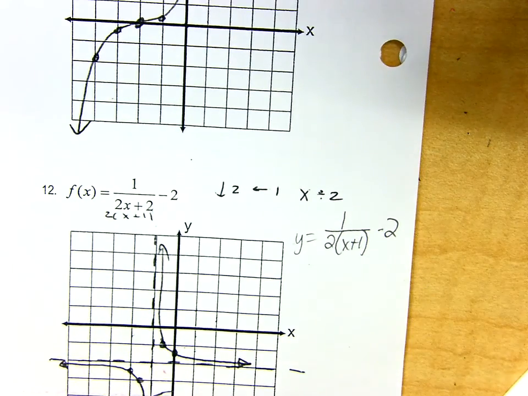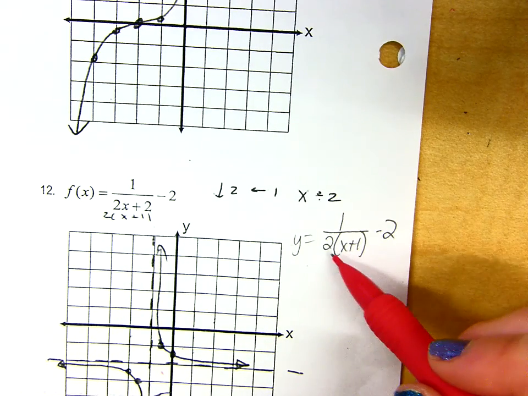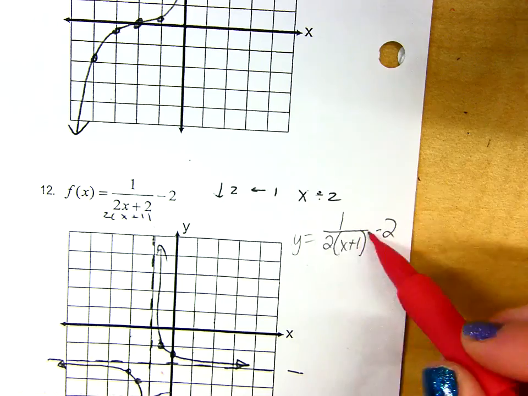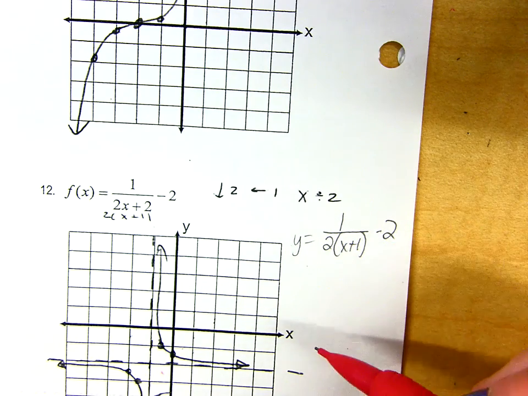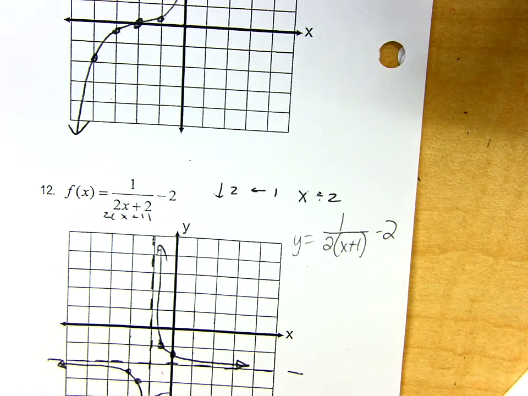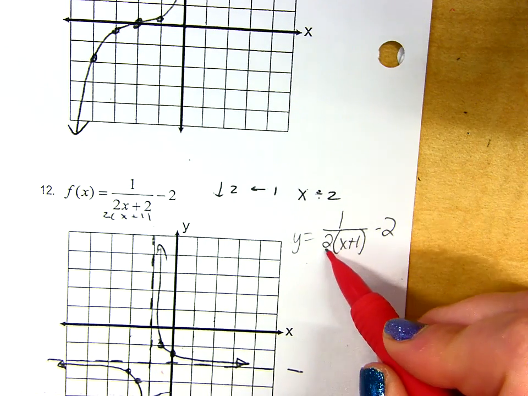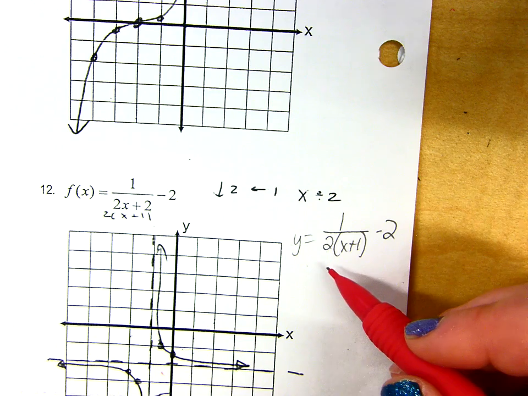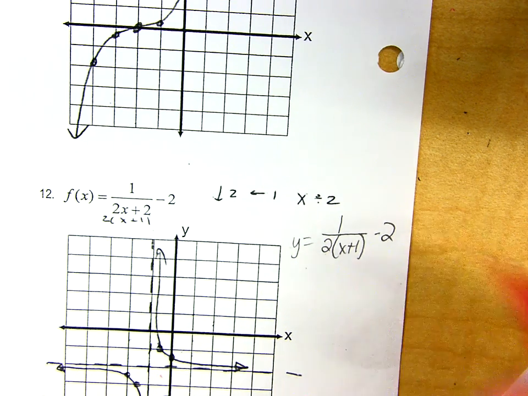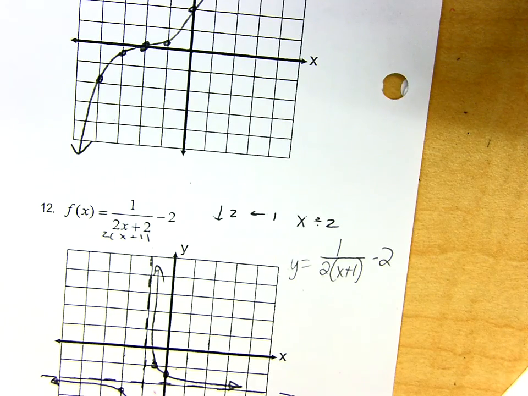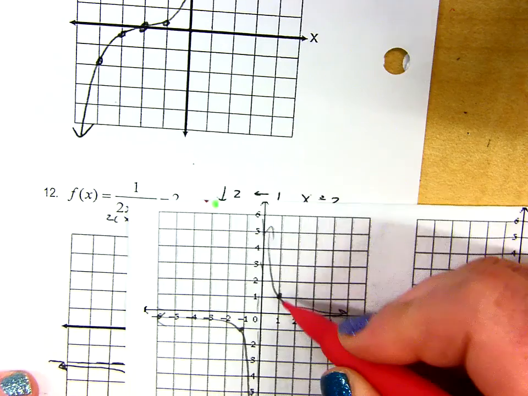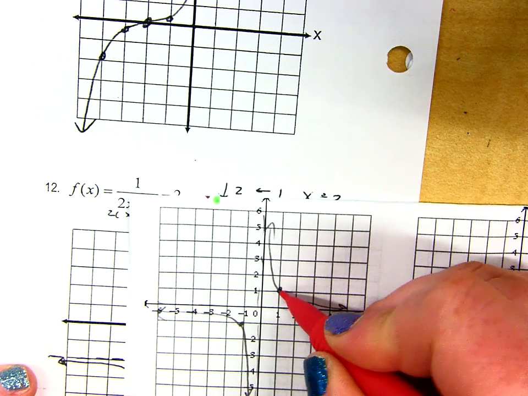Okay, so let's see, what's going to happen? That 2 is down there with the x, right? The parent function is 1 over x. So everything in my denominator is going to apply to the x's. So if I have 2 times x, what am I really doing? Dividing what by 2? The x values by 2. So all of my x values now get divided by 2. Okay, so this one, instead of being at 1, I'm going to divide that by 2.